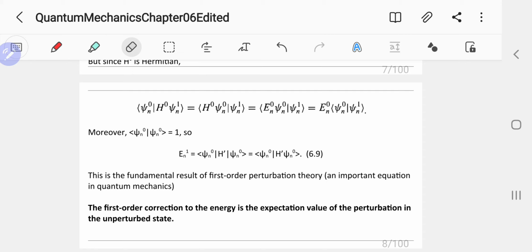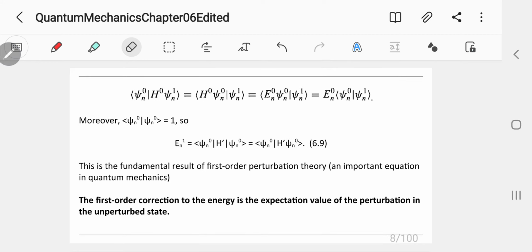This is of course the first order energy correction. We use this result.